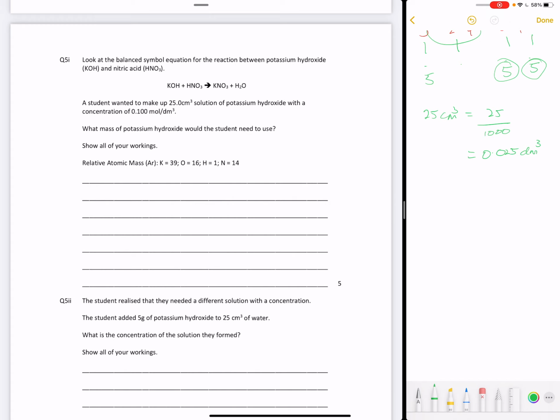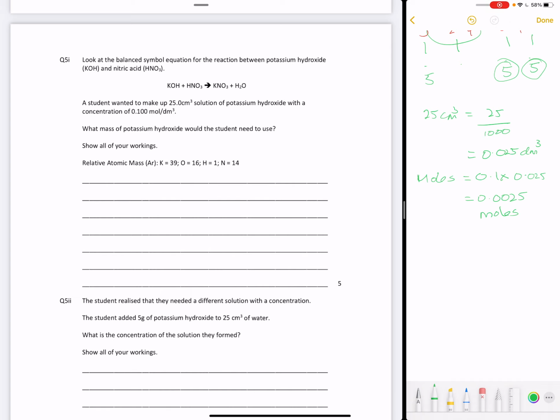Okay. So to find the number of moles, the concentration is 0.1 times by the volume 0.025, and that gives you 0.0025 moles.